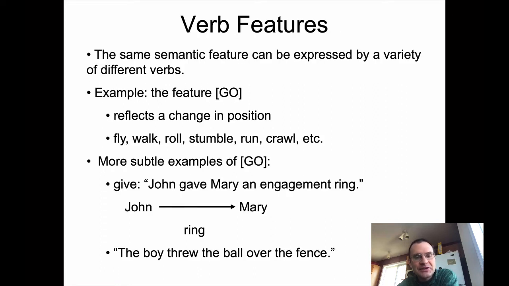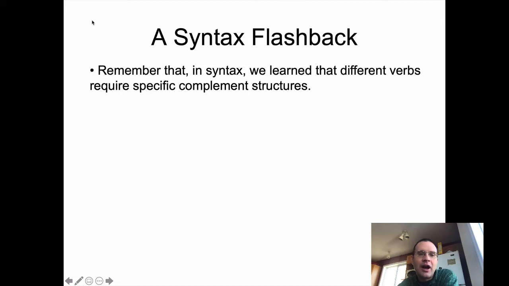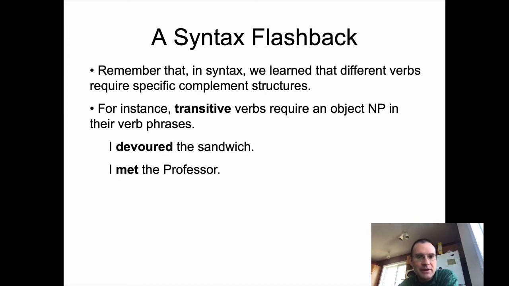This actually helps us explain an interesting syntactic feature of what ditransitive verbs like give can do. Just to give you a bit of syntax review, remember that in syntax there are different verbs that require specific complement structures. A transitive verb is a verb that requires an object NP in its verb phrase.